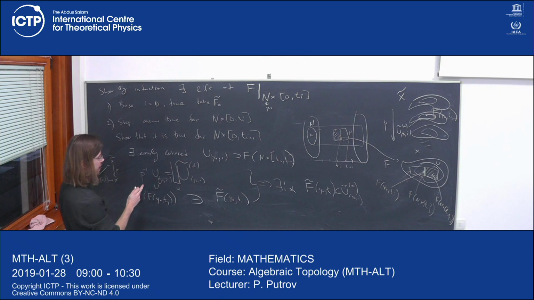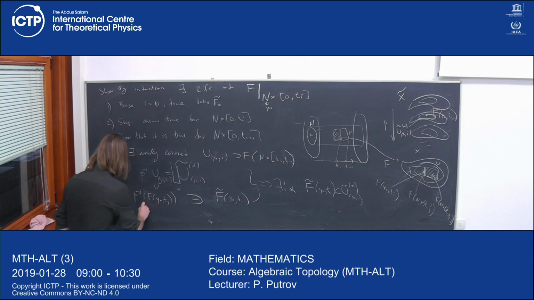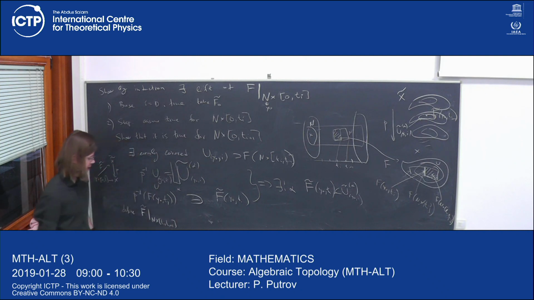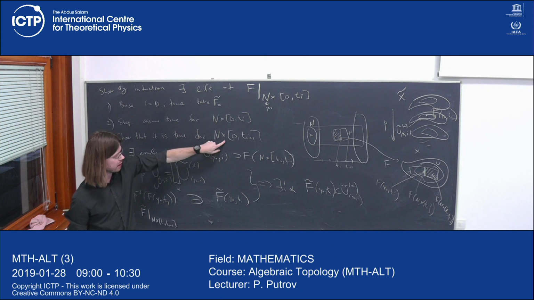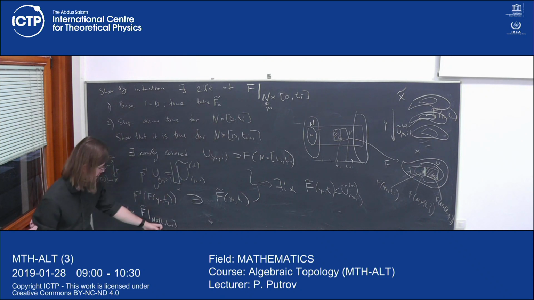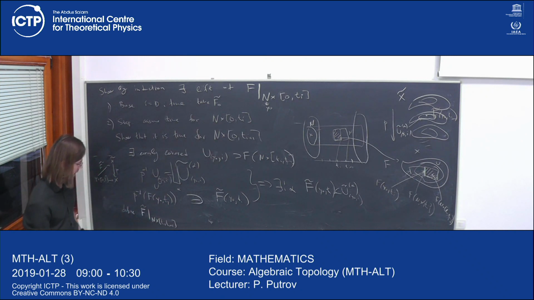So the next step is an induction step. We want to define f tilde on the restriction of N times this small interval. Since we already have a lift here, we will get a lift here, if it is consistent at the point here.